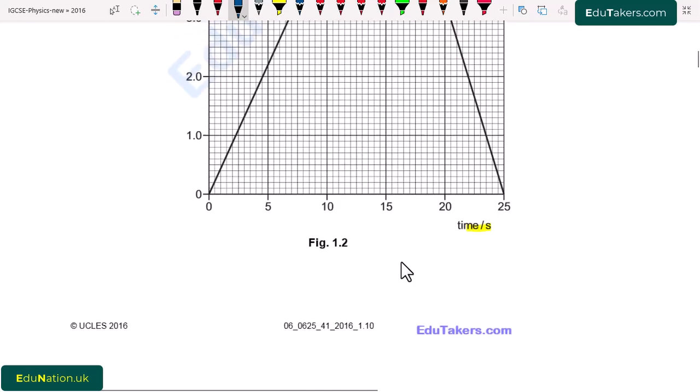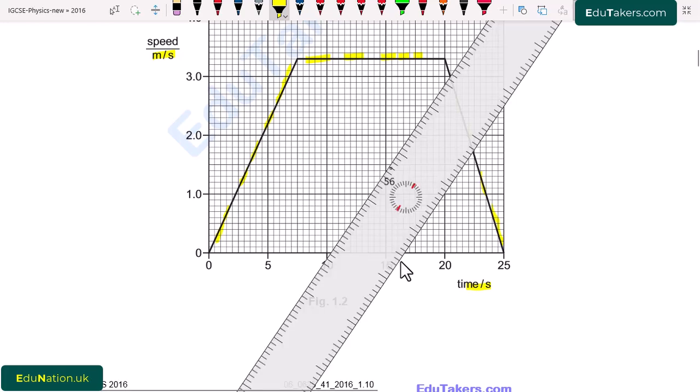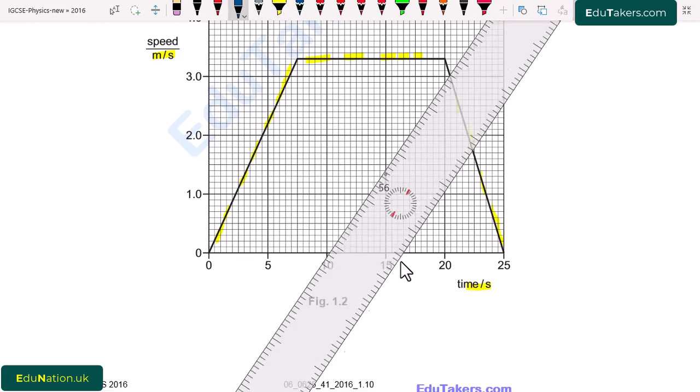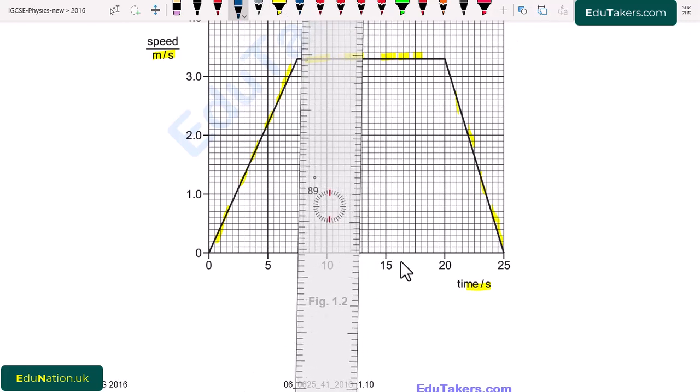So we can see here that first of all, the curve is like that. Then it becomes parallel to the time axis and then it is shown here. So first of all, I draw lines here and split the graph into three parts.